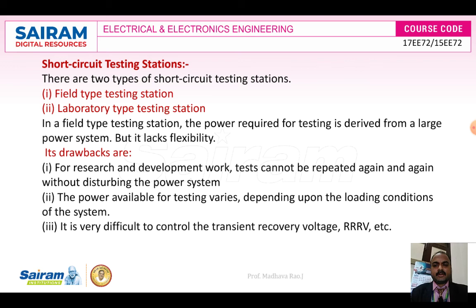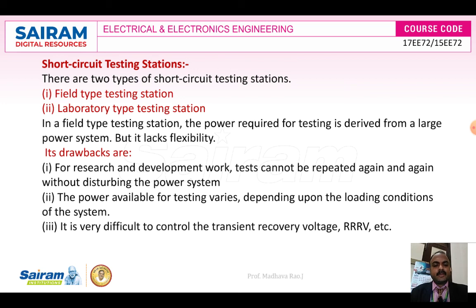Short circuit test is classified into two types, field type and laboratory type. Field type testing has more drawbacks. Since it depends on the power station power, there is a lack of flexibility, and we cannot control the restriking voltage, recovery voltage and TRV.